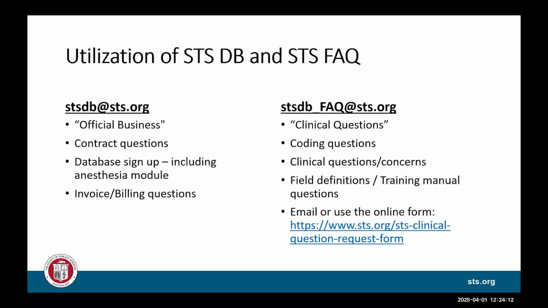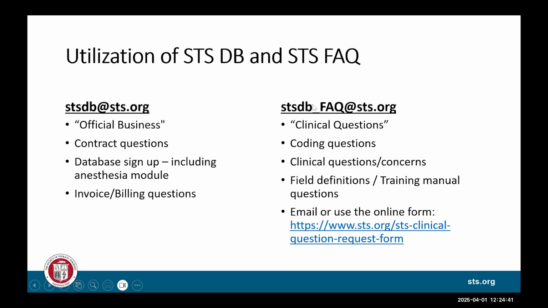Now we have two other ones. STSDB@sts.org is more for official business. So that is if your question is about contracts, if you're signing up for the anesthesia module, and anything dealing with money, billing, your invoices, all of that should go to the STSDB help desk.